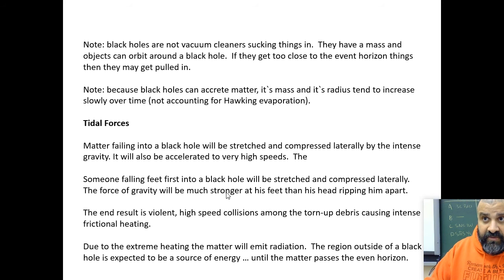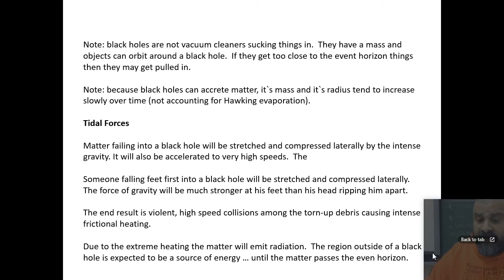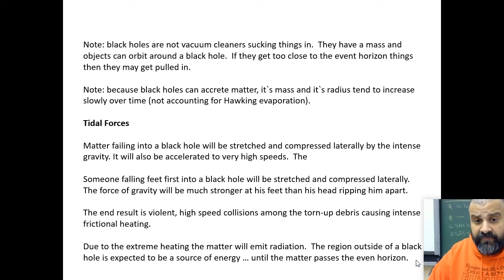So the matter that's spinning around a black hole, it hasn't yet gone past the event horizon, but it's moving so fast and there's so much friction, it gets extremely hot. And because it gets hot, it gives off radiation. Okay, so because it can give off radiation, it can be seen, right?